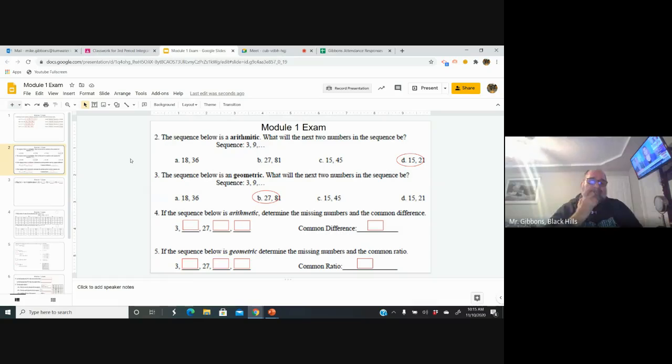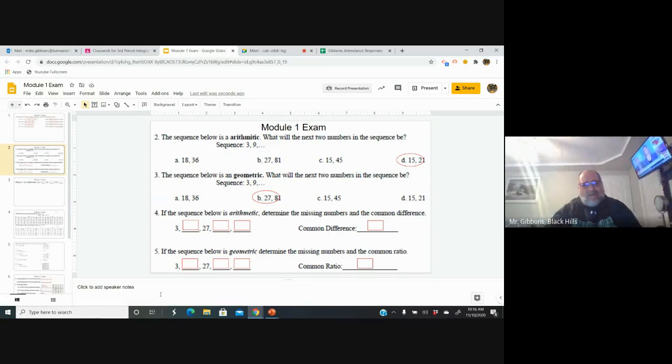All right. Number 4. If the sequence below is arithmetic, determine the missing numbers and the common difference. Now they're throwing a little bit of a curveball because they don't give you the second term. They gave you the first and the third.